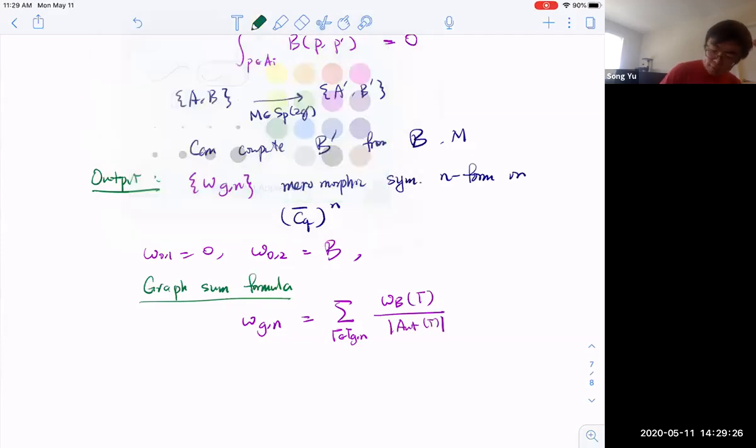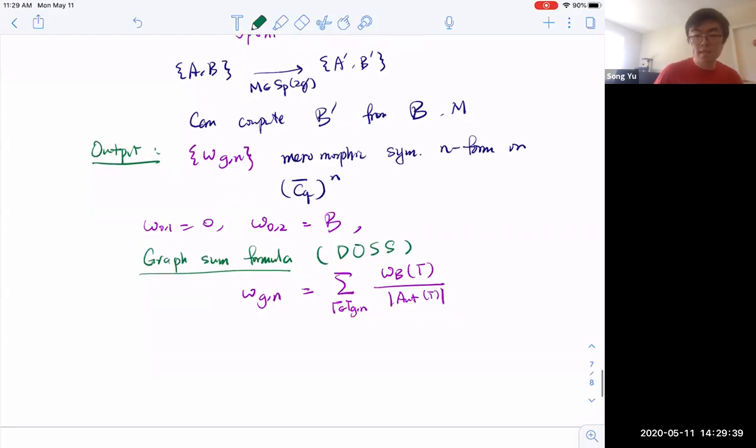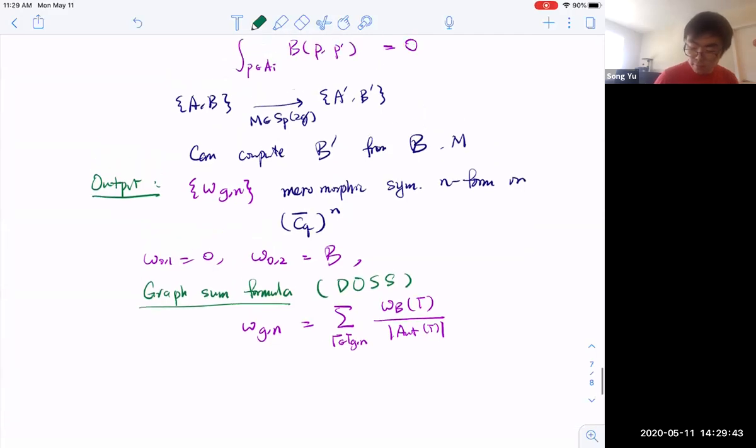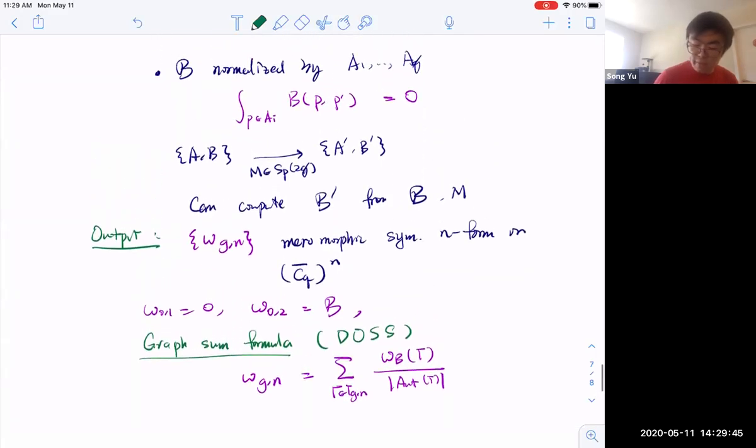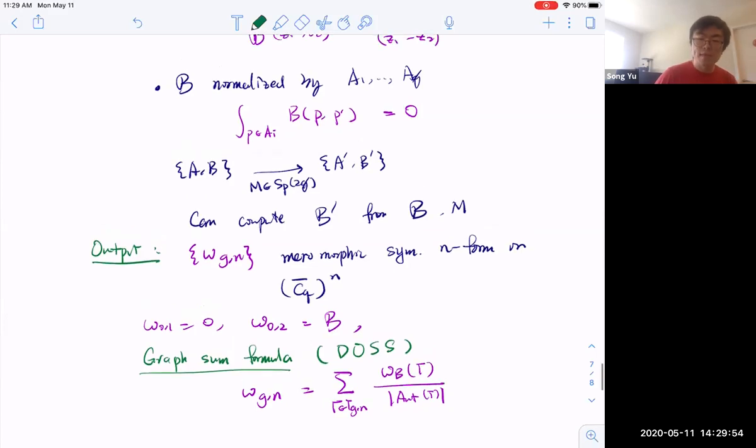This formula is by Dunning, Barkowski, Orenton, Shadrin, and Spitz, so DOSS. The upshot is that this recursion process only depends on the choice of the Bergman kernel, once we fix the Liouville form phi, and this Bergman kernel in turn depends on the choice of normalizing A cycles and also the B cycles.